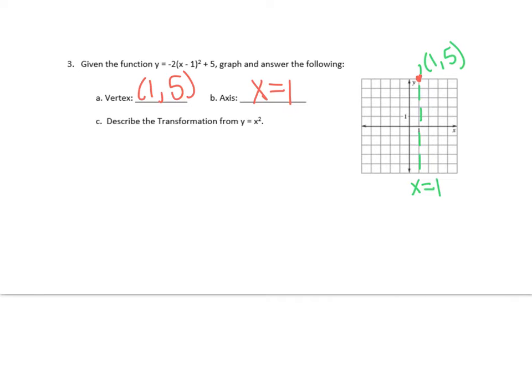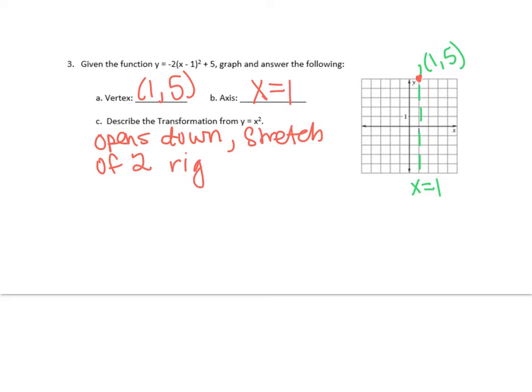All right, so I got my vertex, my axis of symmetry. Let's describe our transformations. I already said them, but it opens down, or you could say reflection over the x-axis. It's got a stretch of 2, so it's narrower than the parent function. We moved our vertex to the right 1, and we also moved our vertex up 5.